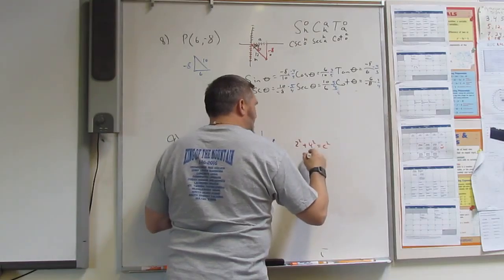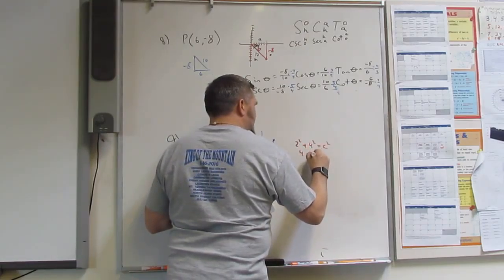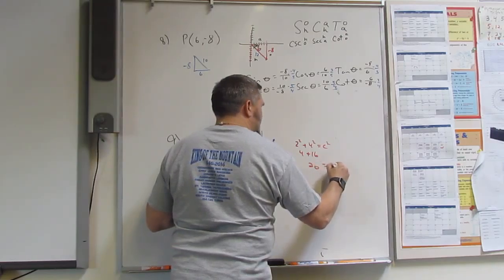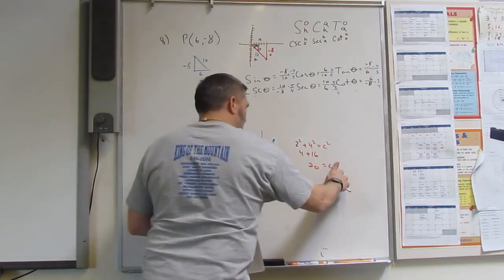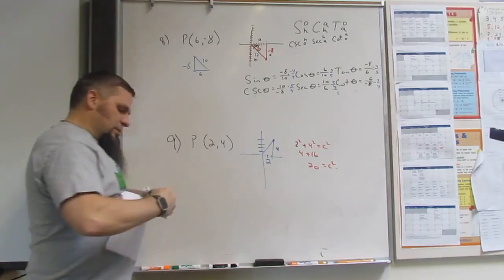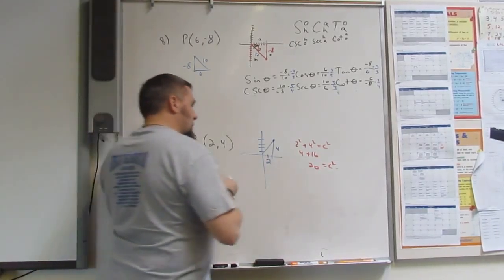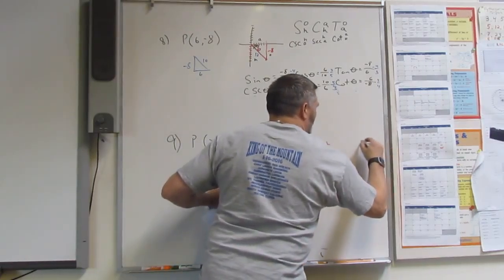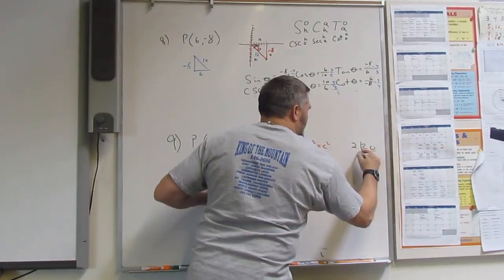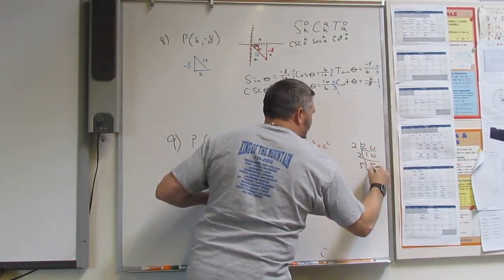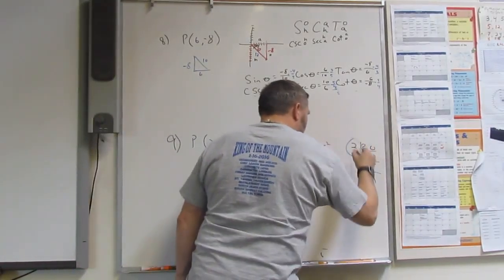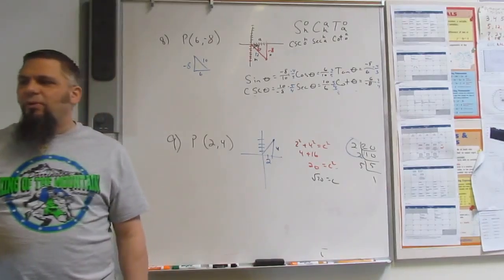So we've got 4 plus 16. That's 20 is equal to c squared. Right? So that means the square root of 20 is equal to C. 20 broken down is 2, 10, 2, 5, 5, 1. Take out my pair. What's the square root of 4?